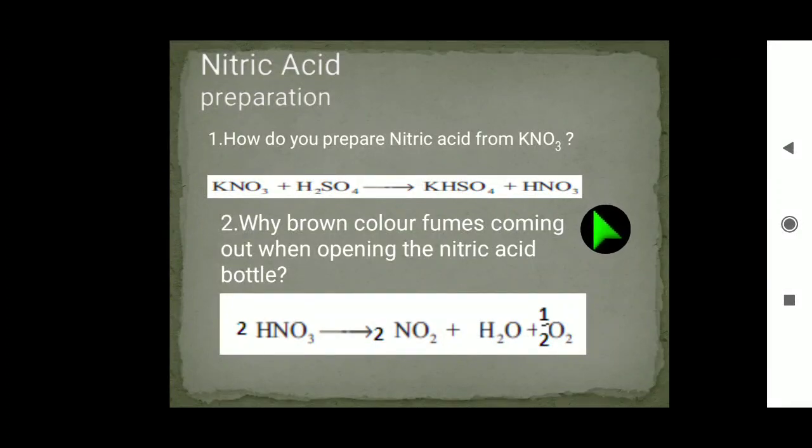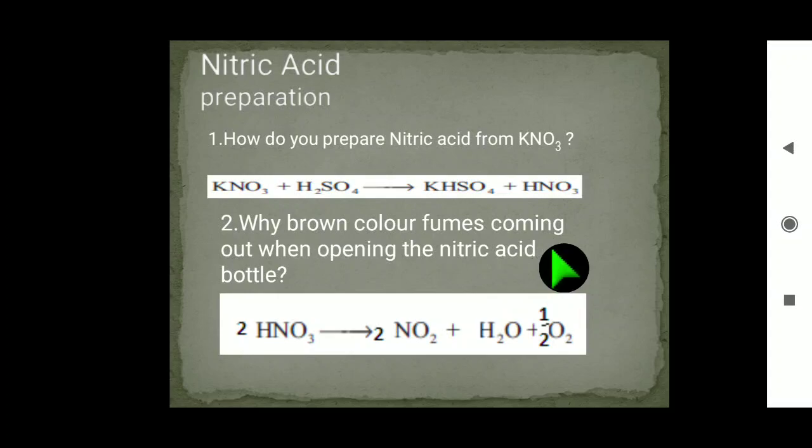So regarding that, one more question we can ask: why do brown color fumes come out when opening the nitric acid bottle? The concentrated nitric acid bottle, when we remove the lid, brown color fumes come out at room temperature.